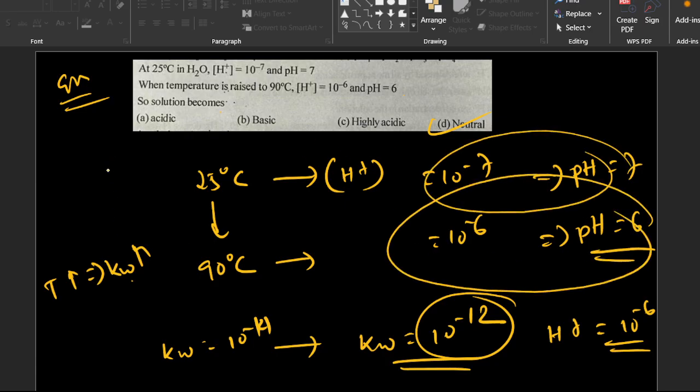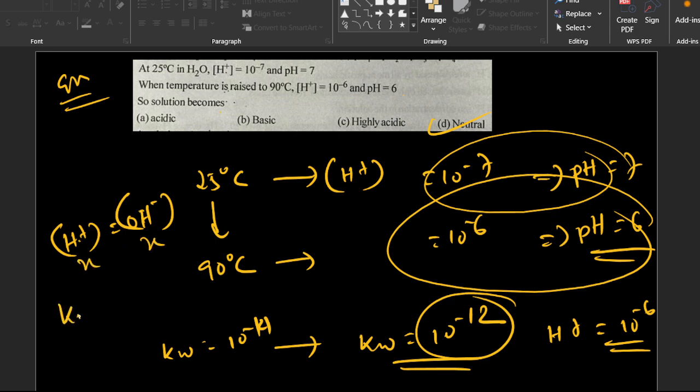Why? Because for neutral only, we can say that the H plus concentration equals the OH minus concentration. If this is equal, then only we can take this as X and this as X. So Kw equals X square, so X equals root of Kw.